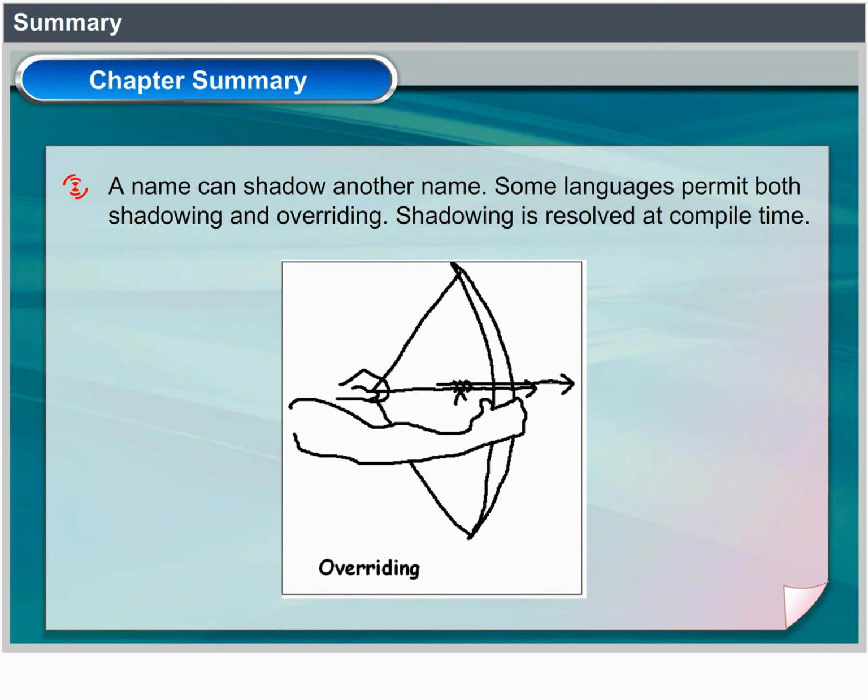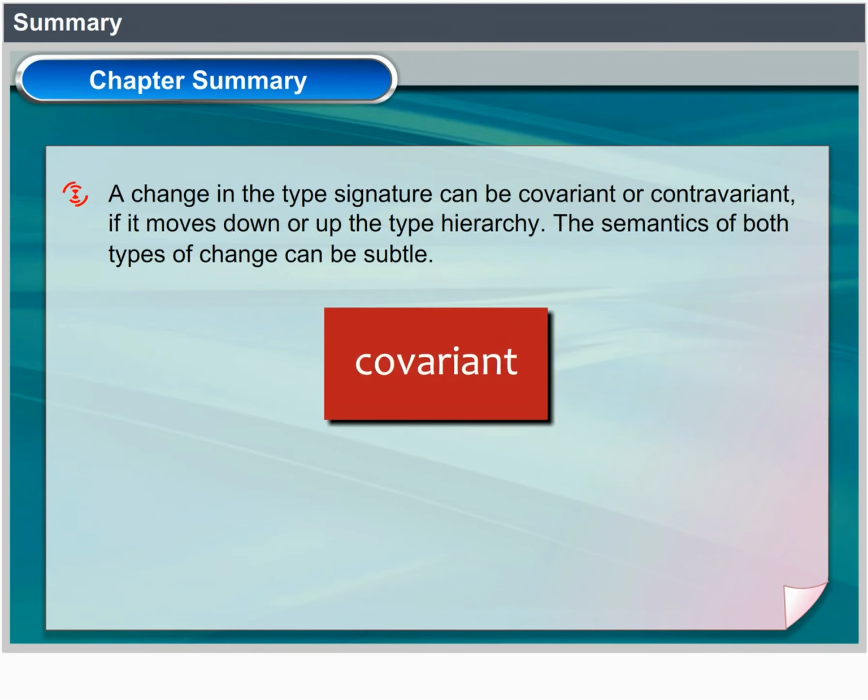A name can shadow another name. Some languages permit both shadowing and overriding. Shadowing is resolved at compile time. A change in the type signature can be covariant or contravariant if it moves down or up the type hierarchy. The semantics of both types of change can be subtle.